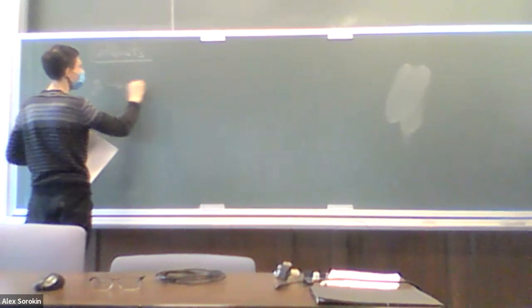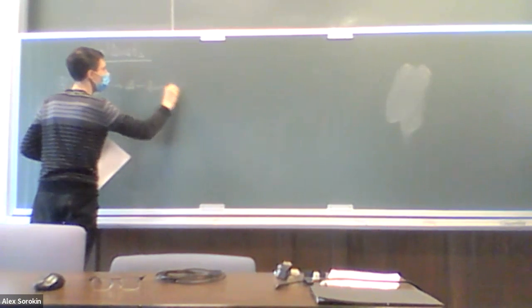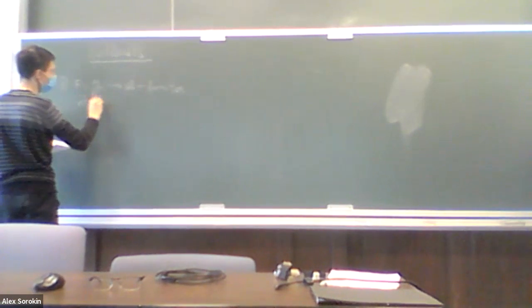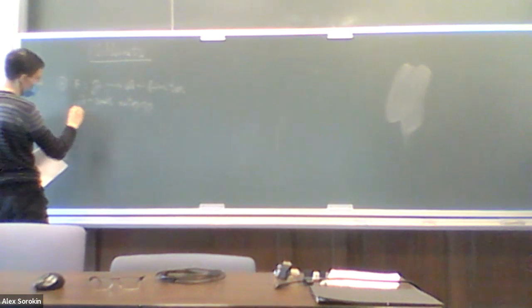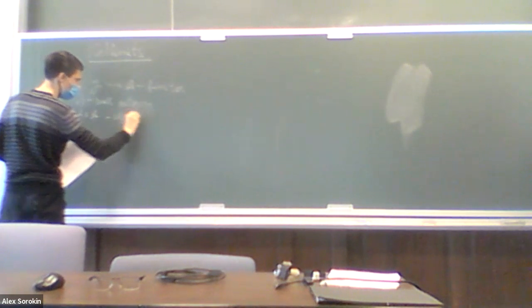Let F from category J to category A be a functor, and J is a small category. Yes, and we have an object A belonging to A. That definition was the following.